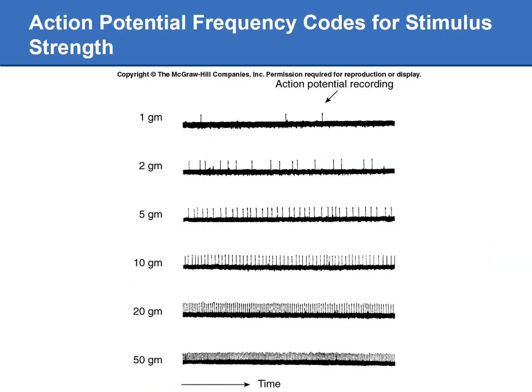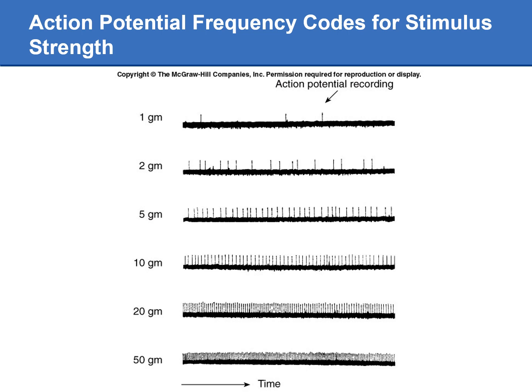Okay, and here's just another example of frequency coding. What they've done is they've taken a frog leg and they're measuring the action potentials in the sciatic nerve, and they've hung some different weights on the frog leg.